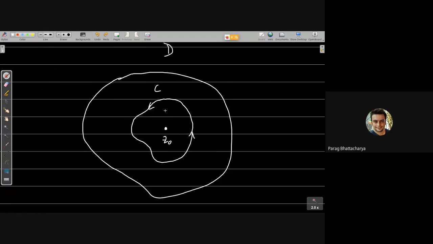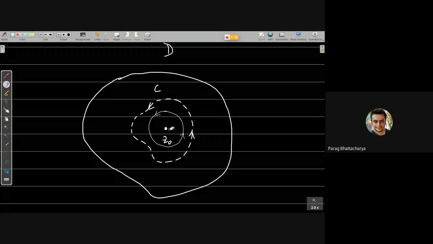I could convert this curved path C into a circle. We could gradually deform this path, keep on deforming until it becomes a circle.